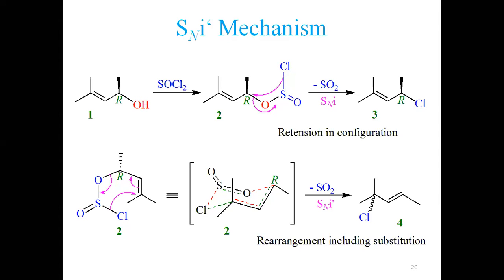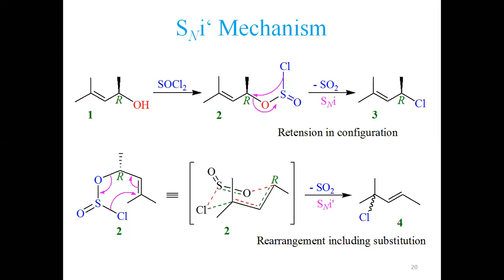So here SNi is competing with SNi prime. If you have an olefinic system attached next to an asymmetric center, what is the unique feature? In this case, when substitution is taking place on a substrate attached to an olefinic system, it shall not follow SN1, SN2 or SNi.